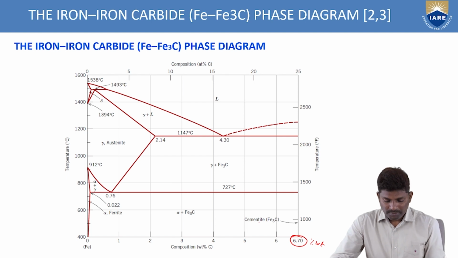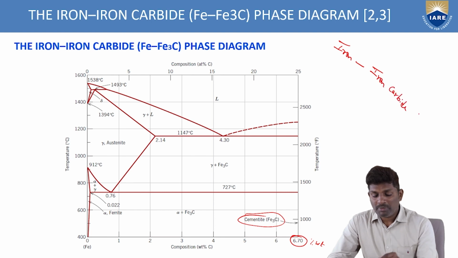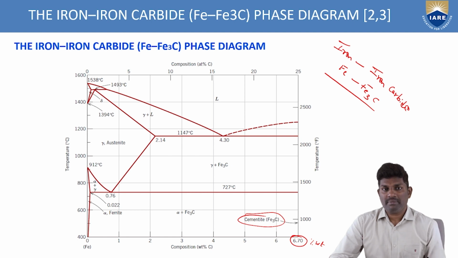So up to the formation of cementite, that is, iron to iron carbide. Up to what percentage is iron converting into iron carbide? That's why this is called the iron carbide diagram.